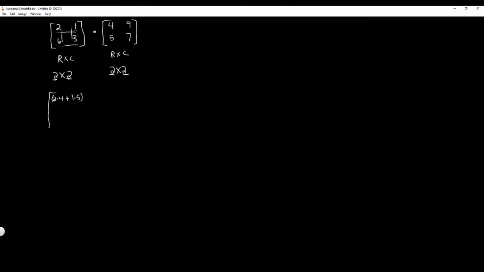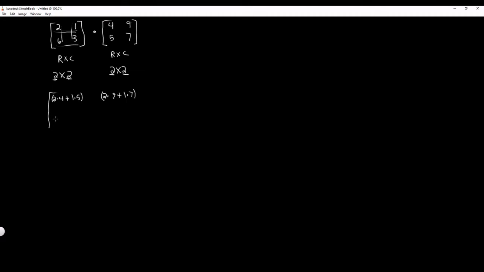Then we stay on the same row, but we multiply it by the second column. So 2 times 9 plus 1 times 7. And then we're done with our first row. We have multiplied this first row by every single column in our second matrix. Then we move to the second row. We go to the second row, first element, multiplied by the first column, first element.